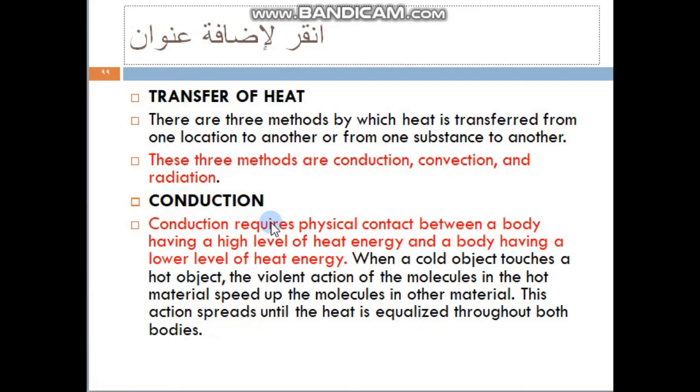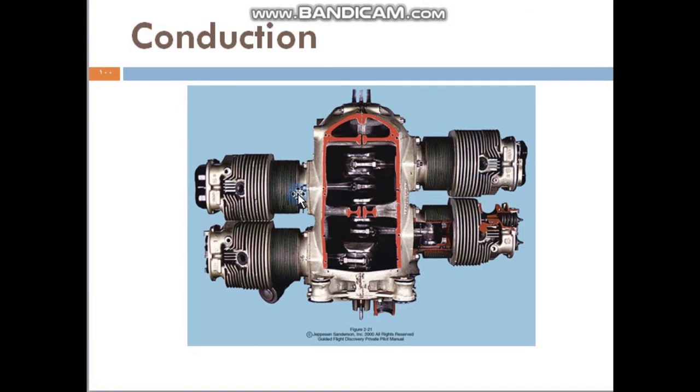Conduction requires physical contact, so we need contact between a body having a high level of heat energy and a body having a lower level of heat energy. For example, here on the engine, we have, for a reciprocating engine, 4 cylinders. If there isn't contact between the cylinder and the body, the heat will not be transferred.